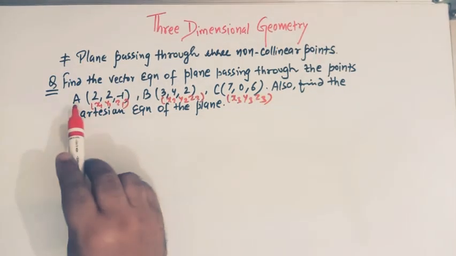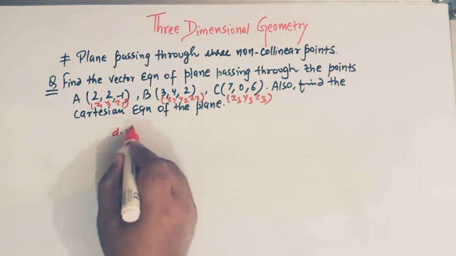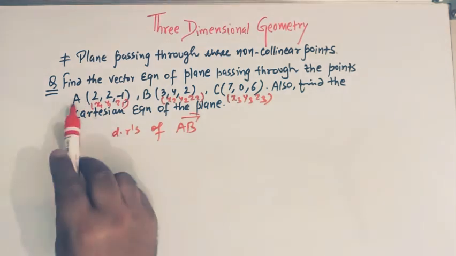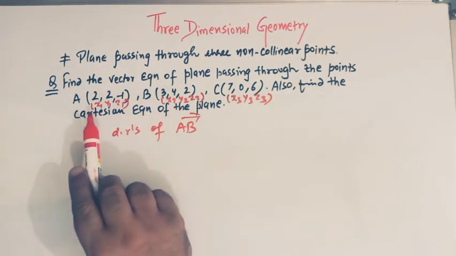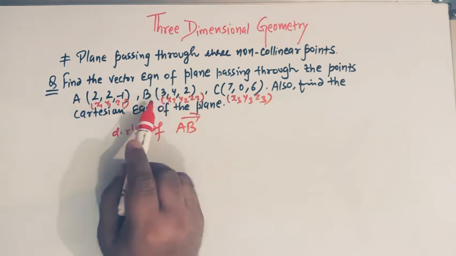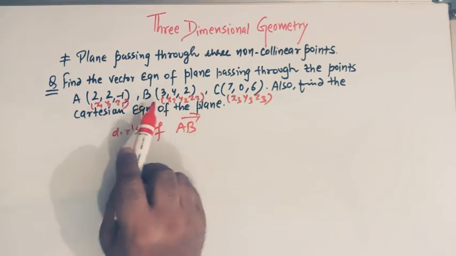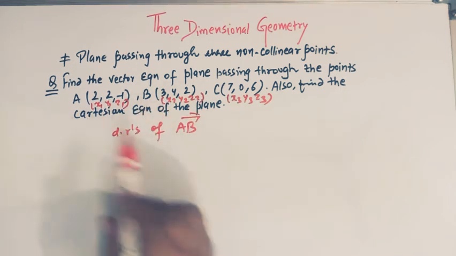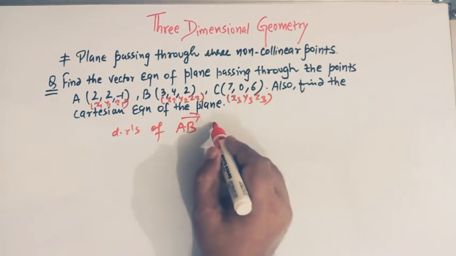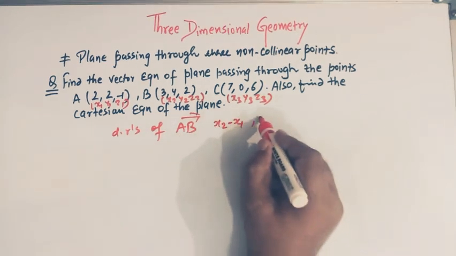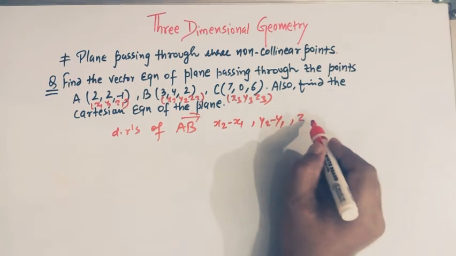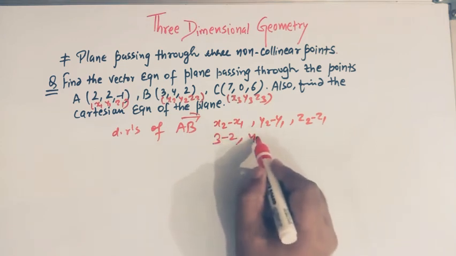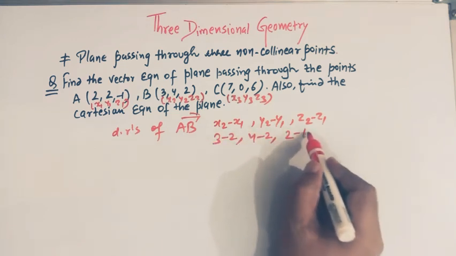So let us first find the direction ratios of the vector AB, right? So we know that the direction ratios of a vector joining 2 points is the difference of the corresponding coordinates. That is, the direction ratios of vector AB are x2 minus x1, y2 minus y1, z2 minus z1. So this is 3 minus 2, this is 4 minus 2, and this is 2 minus minus 1.